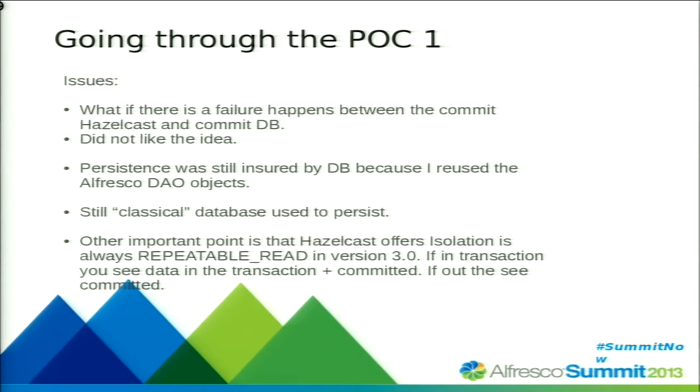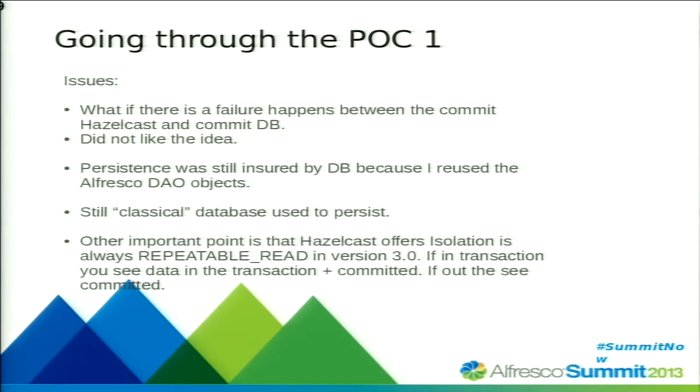So I have to mention something here that is really important. In terms of managing transactions in Alfresco, what we need is a certain isolation level, which is repeatable read. And that is also offered by Hazelcast.